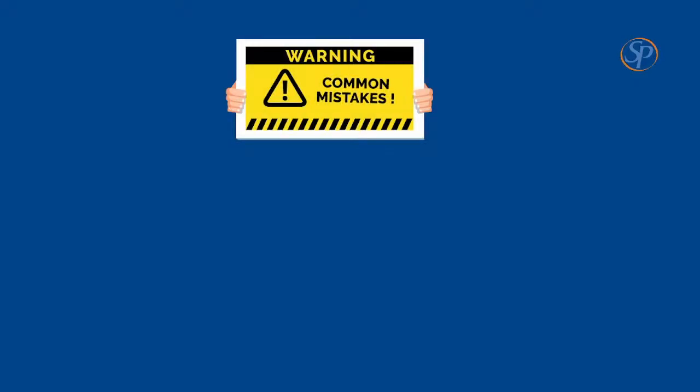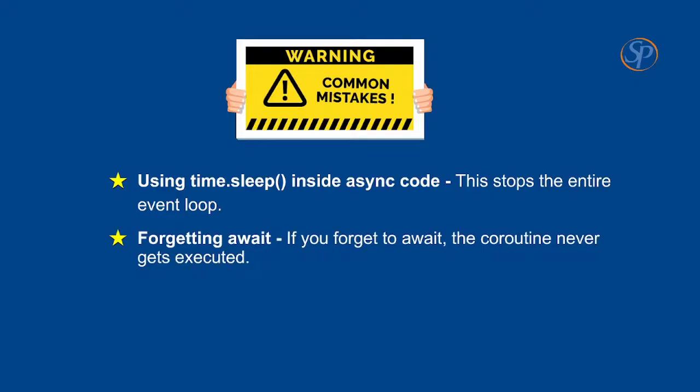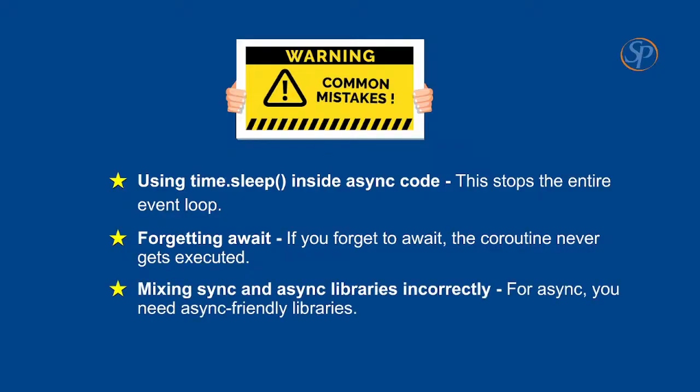Common errors: using time.sleep inside async code. This stops the entire event loop. Forgetting await: if you forget to await, the coroutine never gets executed. Mixing sync and async libraries incorrectly.